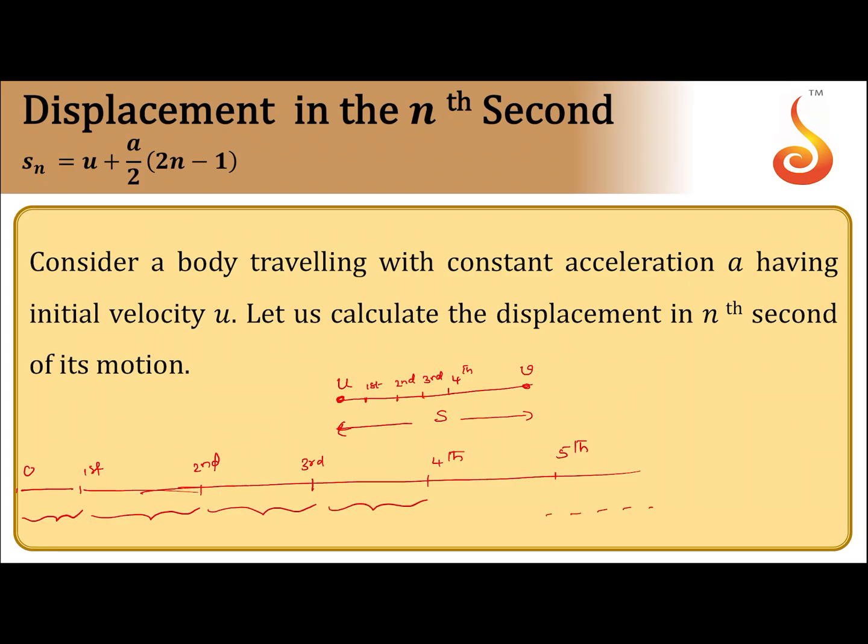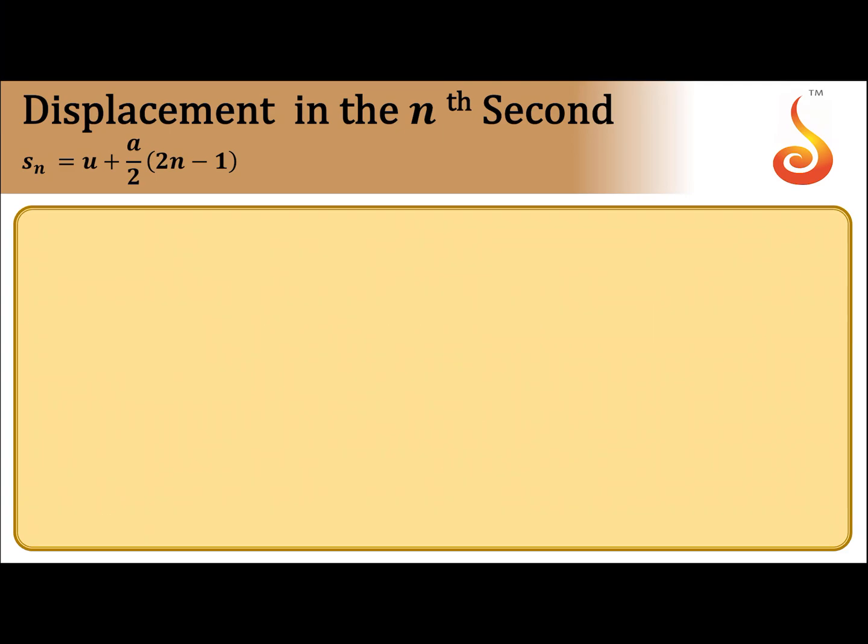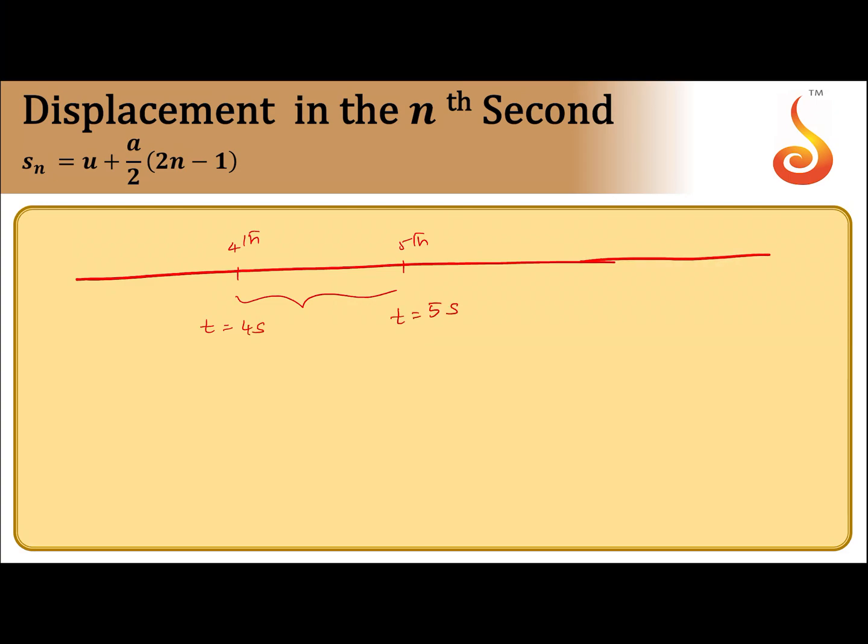and so on. So, you may notice that the distance travelled, for example, in fifth second is nothing but distance travelled from t is equal to 4 seconds to t is equal to 5 seconds. Likewise, distance travelled in 10th second is nothing but distance travelled from t is equal to 9 second to t is equal to 10 second.